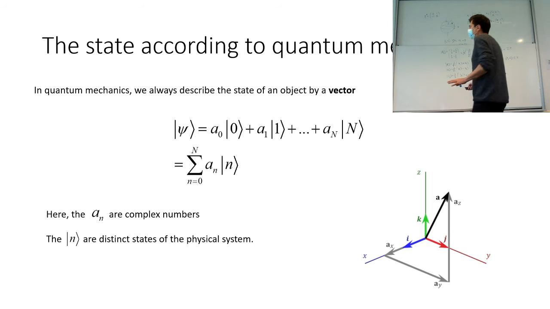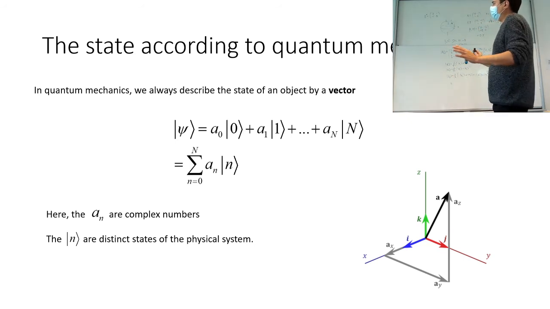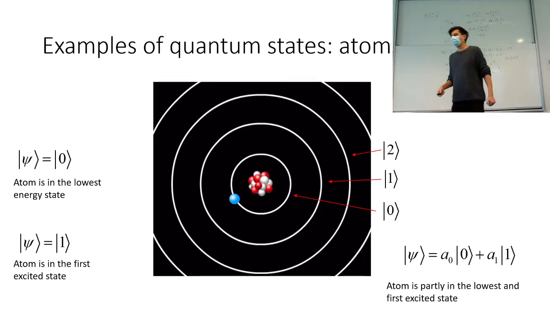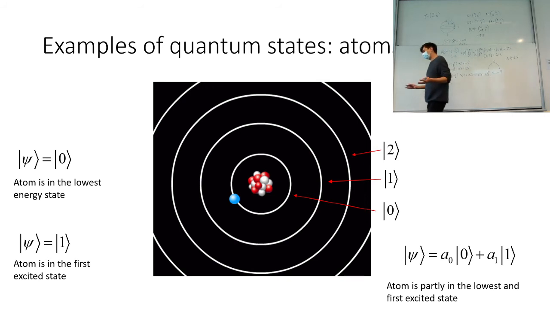Now you're probably thinking, I don't understand what these physical states are, so let me give you a couple of examples. A classic quantum problem is an atom. It's very small, and it's a classic application of quantum mechanics.